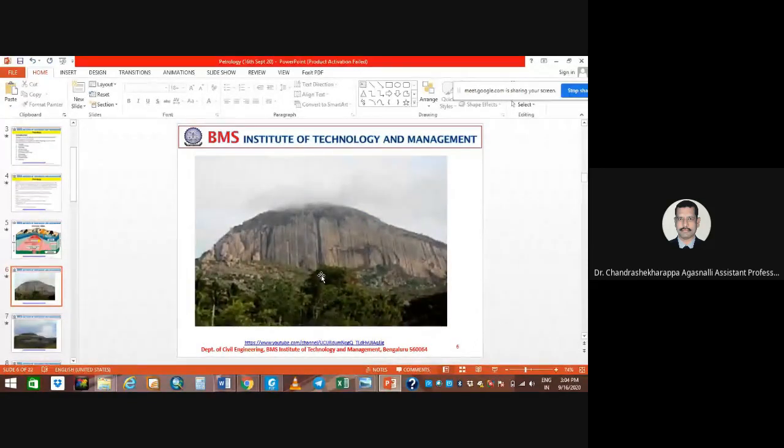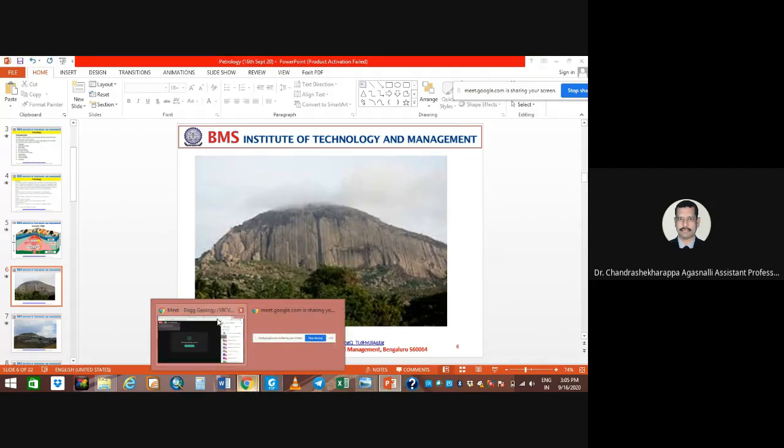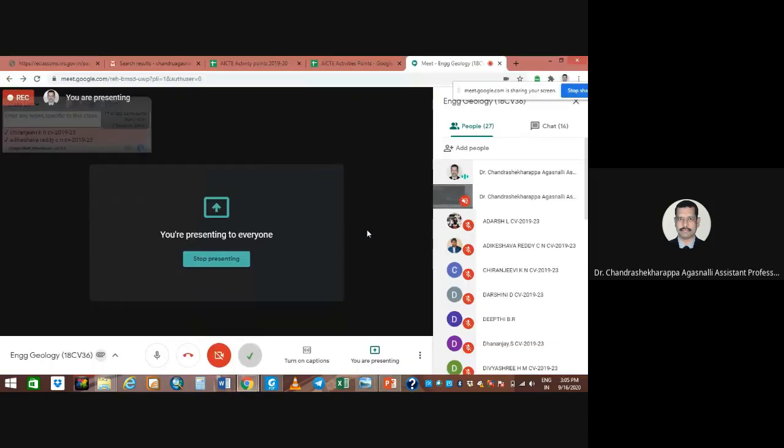And here, you might have seen this hill. Surrounding Bangalore, there are many rocky structures. You can see that. That's called granite exposed. Bangalore and surrounding Bangalore, even Nandi Hills, Tumkur.